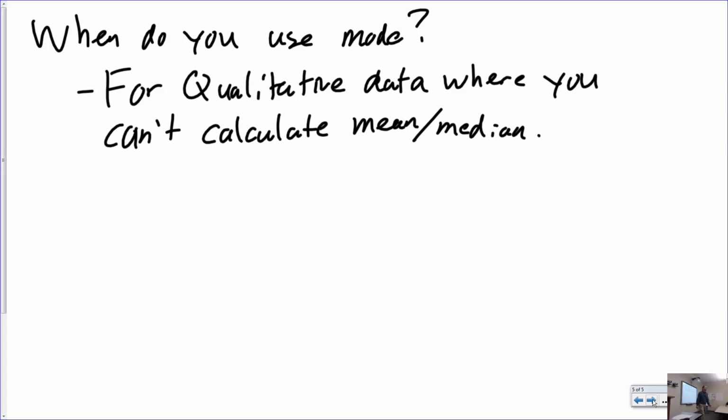So data that is categorical tends to be reported in a mode base because that's the most common. All right?